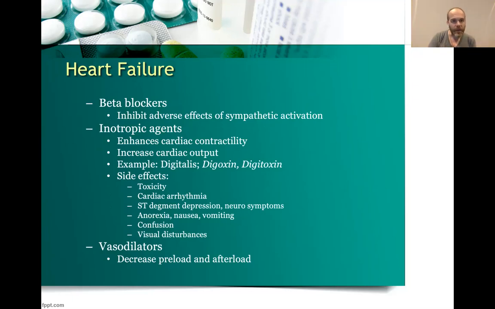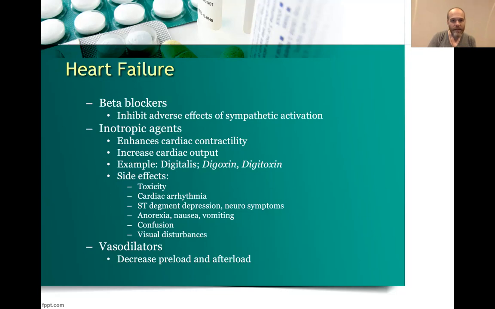One thing here is the inotropic agents. Some of these examples are digitalis, digoxin, digitoxin. These are very specific heart failure medicines that you need to be familiar with.